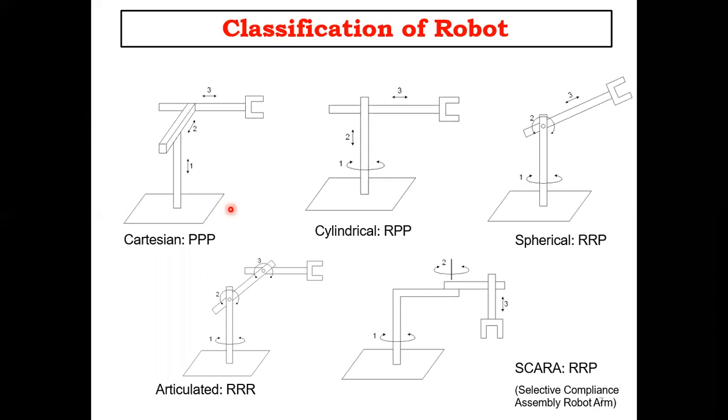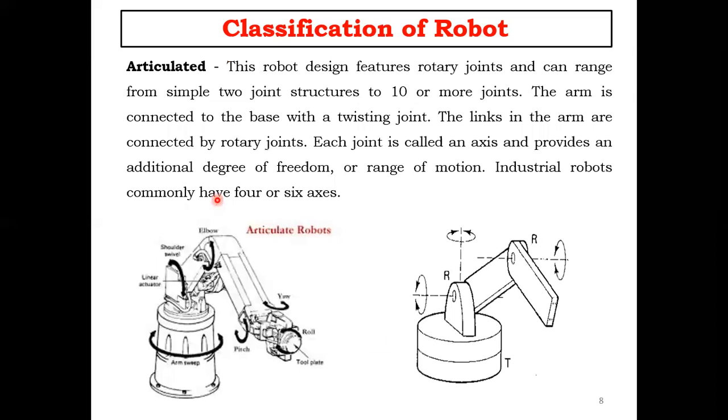But if you are going for industrial robots, these are the types of classification of robots, and all depend on the joints, that is prismatic joint and rotary joint. Let's see one by one. First one, articulated robot. This robot design features rotary joints and can range from a simple two-joint structure to 10 or more joints.